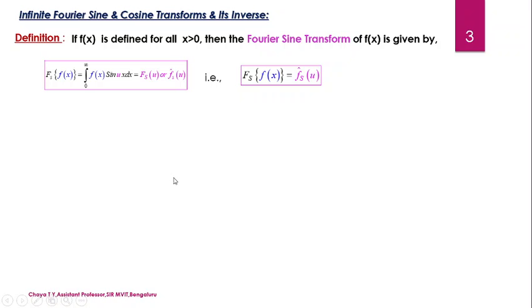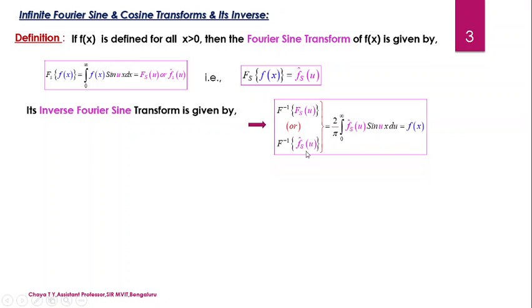Fine. So if this is our infinite Fourier sine transformation, what about its inverse? What we do is we apply the inverse to the definition of the Fourier sine transformation, and it is given by the expression, observe guys here, F inverse of Fs of u, or you can also represent the same as F inverse of Fs cap of u, is equal to 2 divided by pi integral 0 to infinity Fs cap of u into sine ux dx, which will be in terms of the variable x.